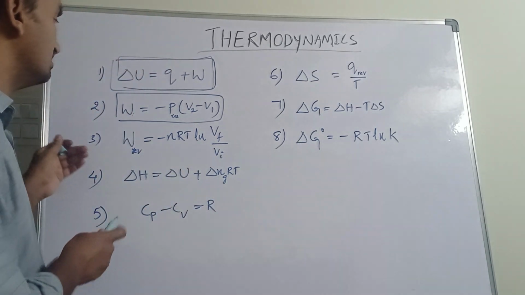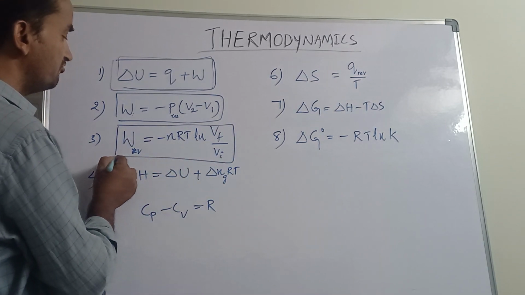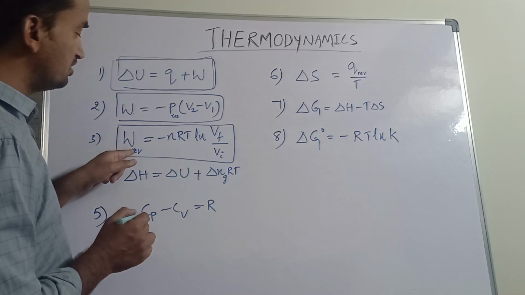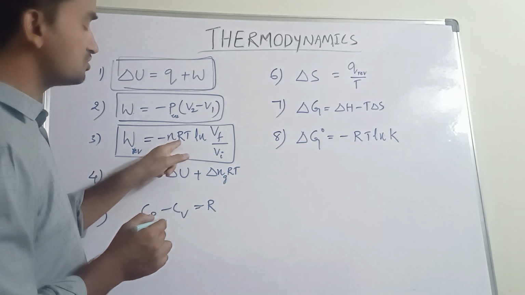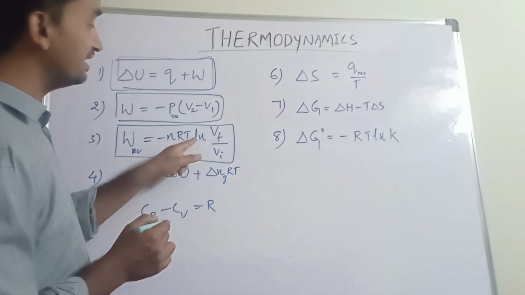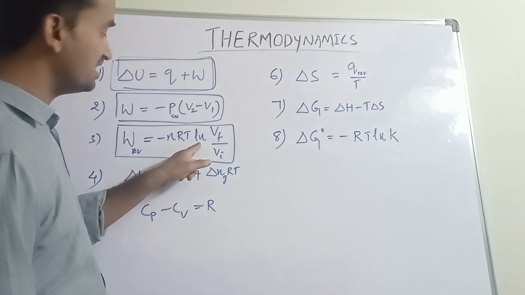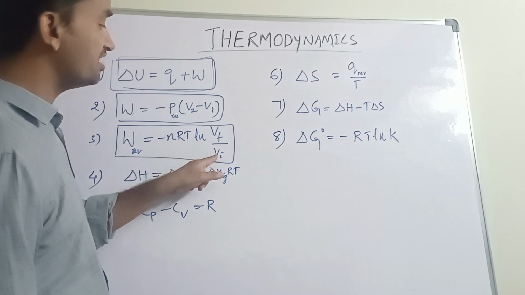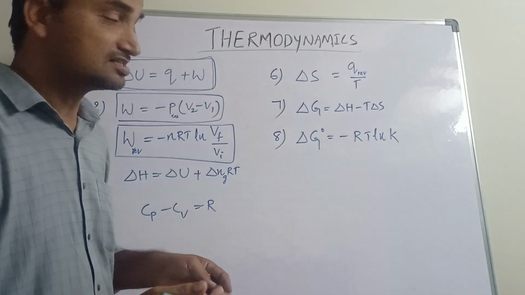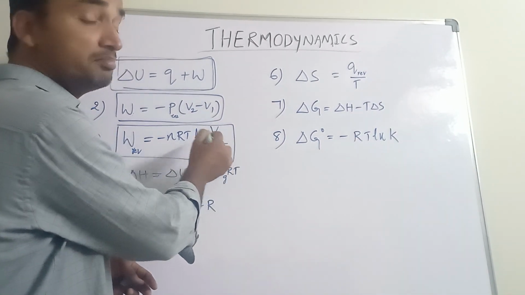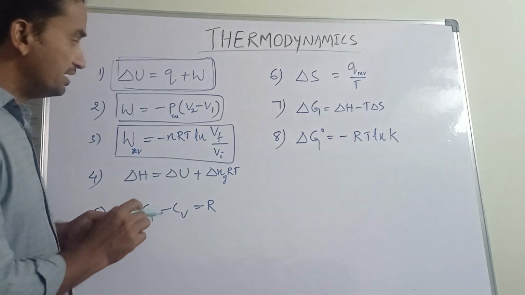The formula for work done in isothermal reversible expansion can be written as W reversible equals minus n R T ln (V final by V initial), where n is the number of moles, R the gas constant, T the temperature in Kelvin, and ln is log to the base e. In expansion, volume increases, so it is final volume divided by initial volume.